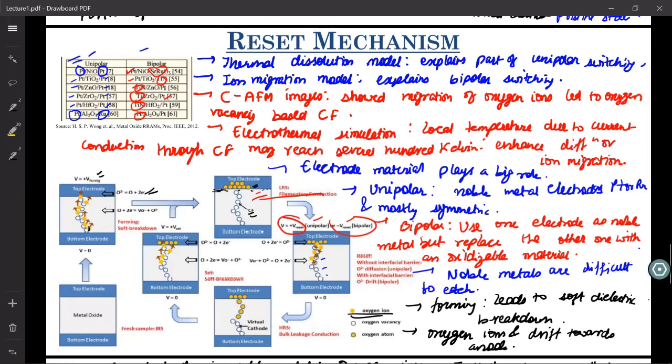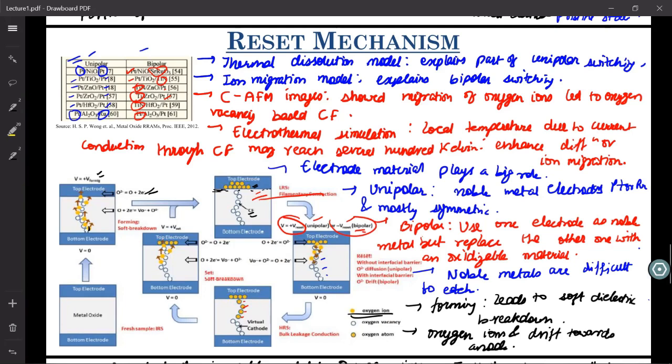If there is an interfacial barrier, the migration will happen at large voltage, or when the voltage is of the opposite polarity, and that is why you end up having bipolar states. And once this happens, the oxygen atoms occupy their lattice position, because now they have recombined with your vacancies. And what you end up having is dissolution of the conduction filament from the bottom electrode.